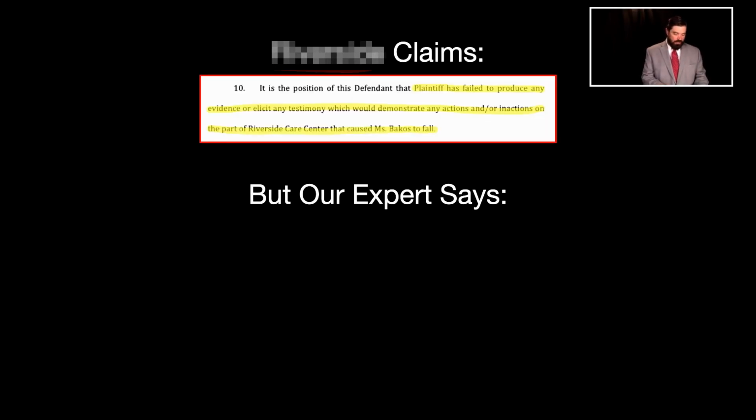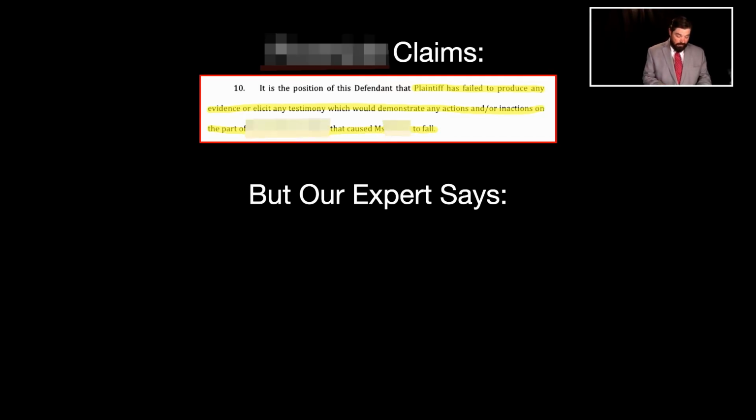I'll give you another example of this, and I won't go through the whole drawing of the slide. I'll jump straight to the screenshots that come from the documents. The defendant claims plaintiff has failed to produce any evidence which would demonstrate any inactions on the part of the defendant that caused the plaintiff to fall.